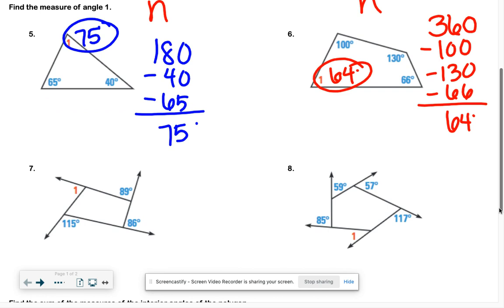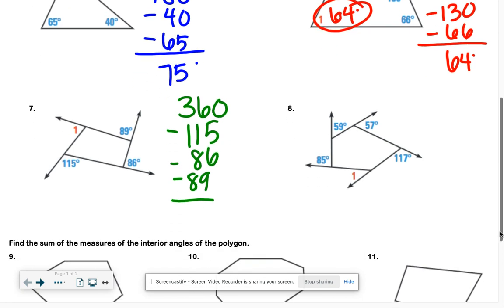Okay, on 7, are those inside or outside angles? Outside, so we know they add to 360. All right, let's subtract away. 70. Perfect.